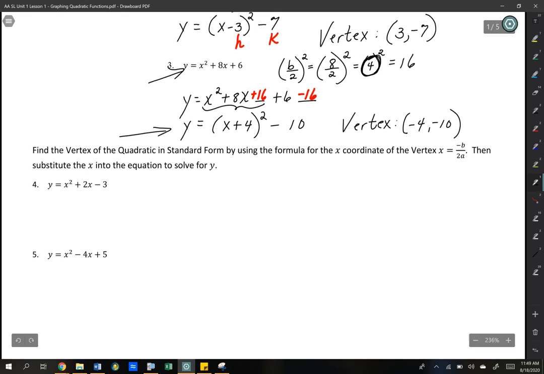Okay, so we're going to get x equals -b over 2a. So that's going to be -2 over 2 times 1. So x is -1. And then to find the k part or the y part of the vertex, we're going to take that -1 value and put it into our equation.